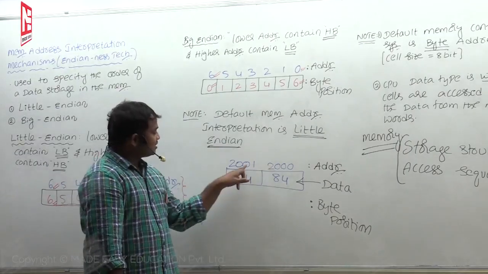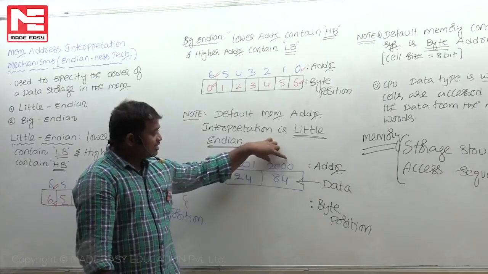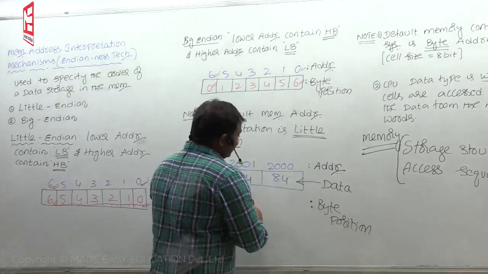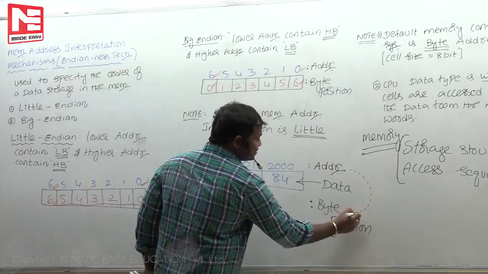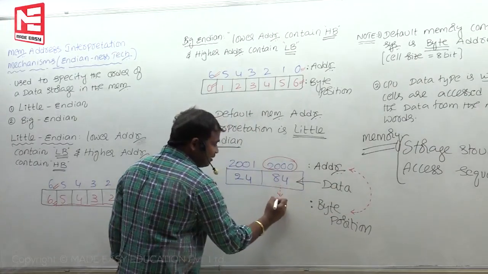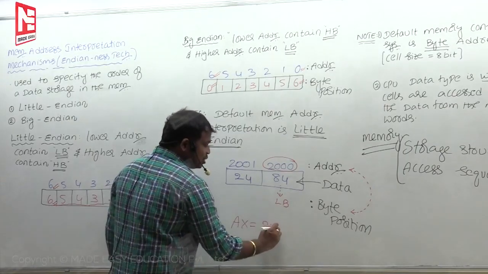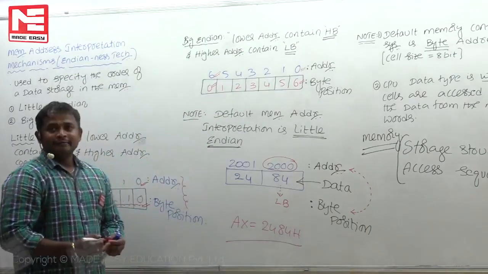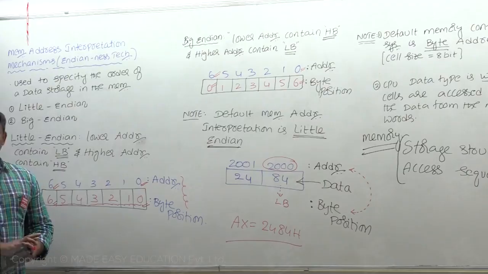Here two addresses are accessed, 2000 and 2001. The lower address contains the lower byte, so this 84 becomes the lower byte. So AX value equals 2484H.